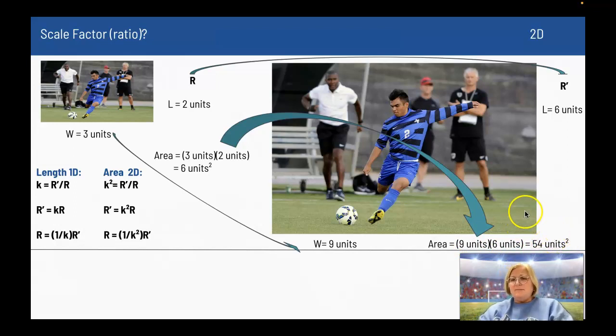Now if I'm taking my enlargement of my area, I have 54 units squared, and I'm dividing by 6 units squared. That gives me 9 units squared. Remember, K was 3? Well, that makes sense because 3 squared is 3 times 3, which is 9. And that's when I'm talking about area. It's squared.